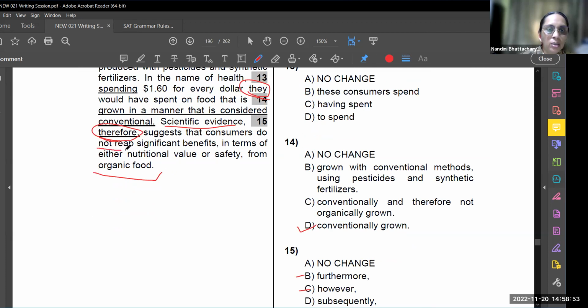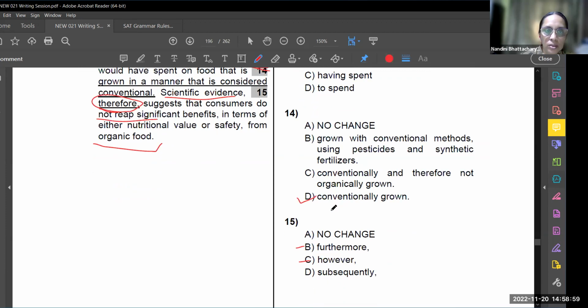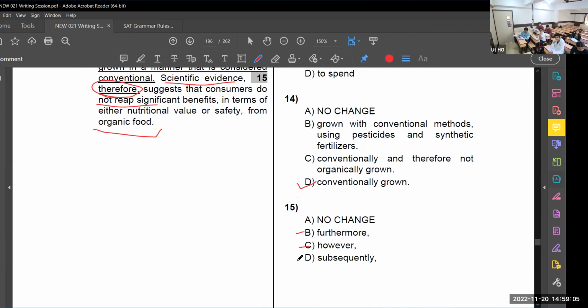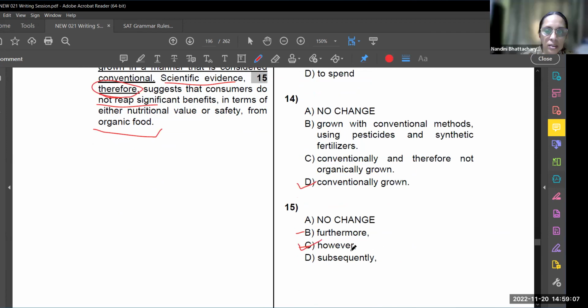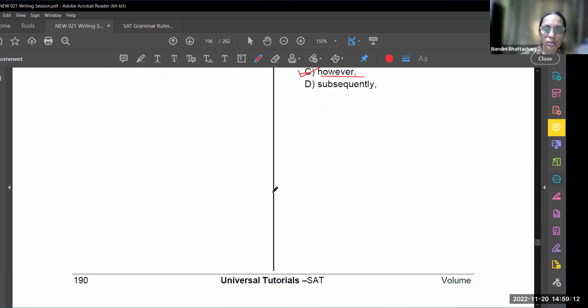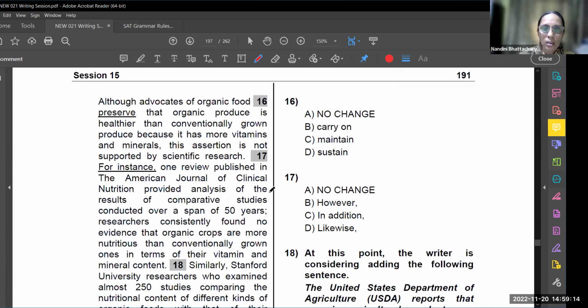They do not reap significant benefits from the organic food. So what is a word that should come in instead of therefore? C. However, right? Contrast is set up with however. Got it? Okay. Now number 16.